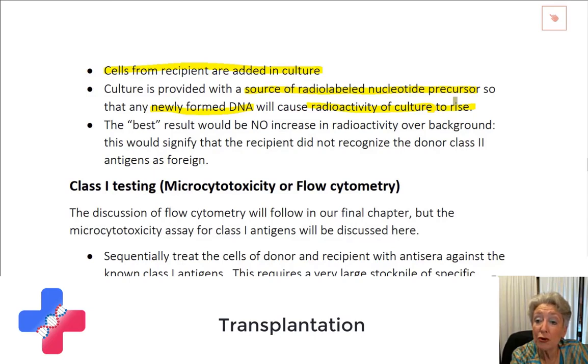So if the culture rises in its radioactive count, that's a bad sign, okay? The best result would be no increase in radioactivity over the background level, because that means that the recipient cells looked at the donor cells and said, hey, I don't see anything funny here. I'm fine with you. Okay?